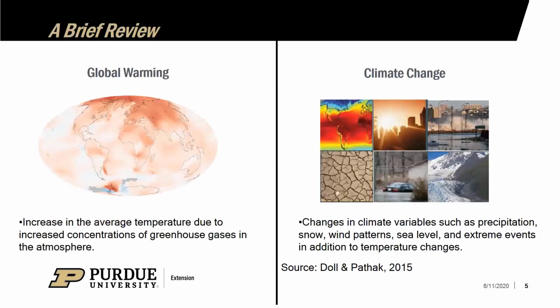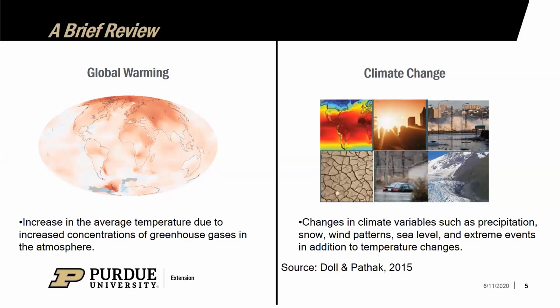Now, we're going to talk about some other common terms that folks like to use. And I know when you use global warming, climate change, it's a highly political topic. But when you look at trying to define both terms, is global warming the same as climate change? Well, not really exactly.